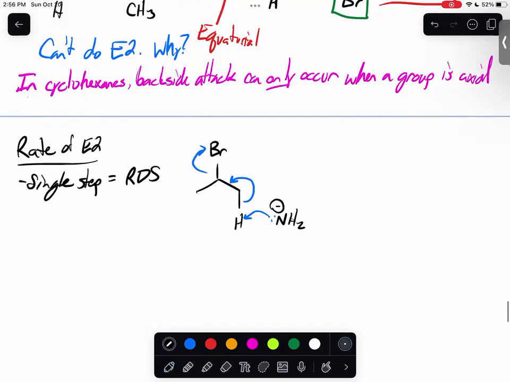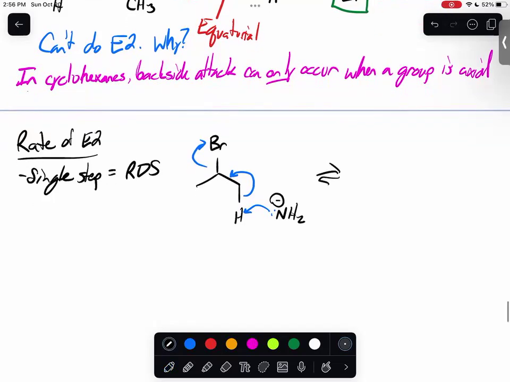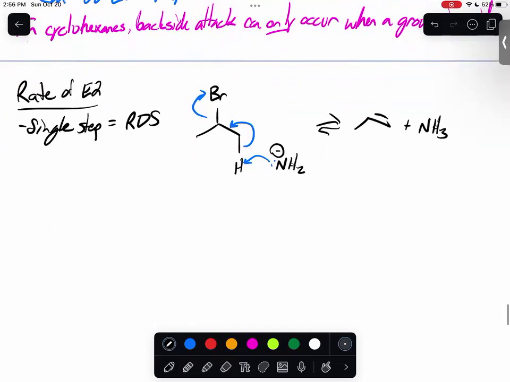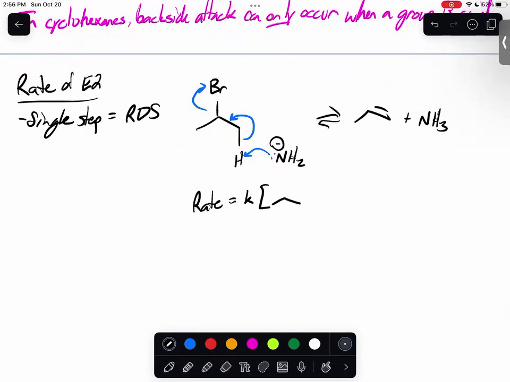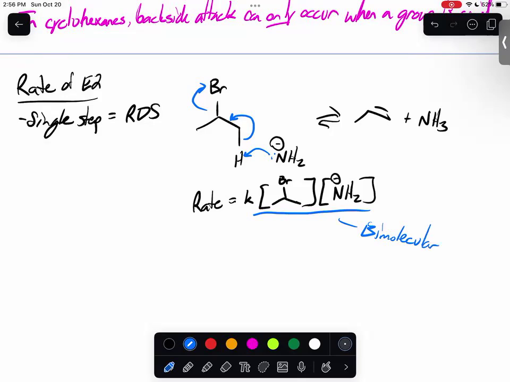Whenever we're setting up these rate reactions, we have just the reactants acting as the concentrations in our rate. So when we're looking at rate for an E2, it's the same as an SN2, where it requires both the substrate with the leaving group and our base concentration. That's why we call E2 bimolecular, because there are two molecules that interact to form our rate.